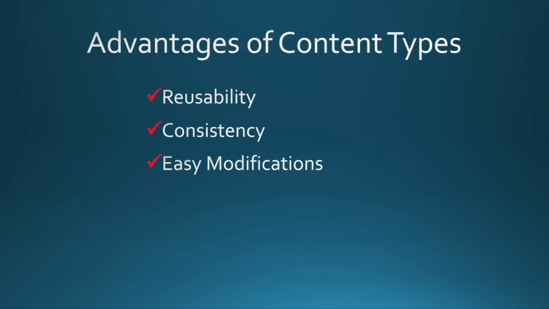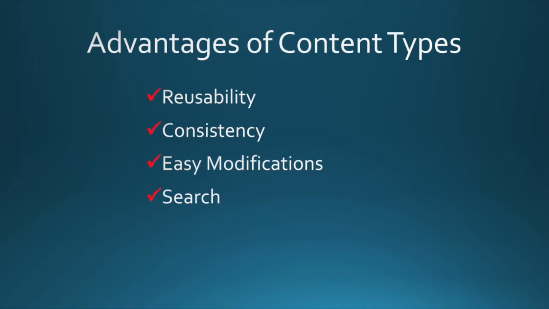With content types, however, you simply go into the content type, add the new column, and save it. And that change automatically is sent down through all the lists that are based on that content type. So the difference is between making one change to a content type versus making hundreds of changes to lists within project sites.